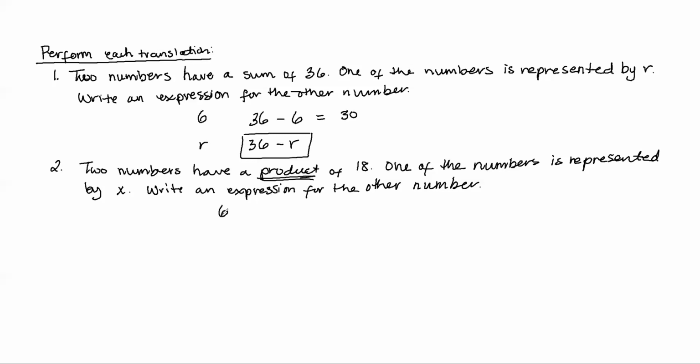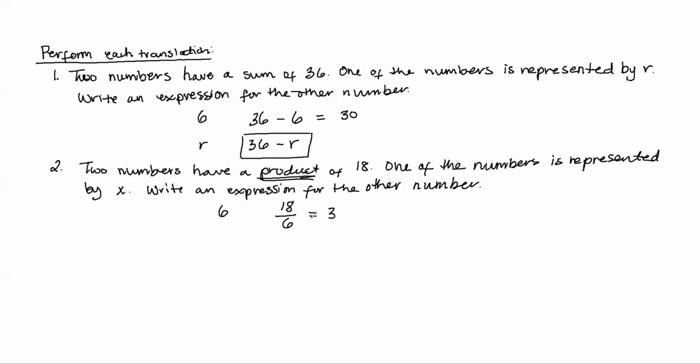Well, we know if they multiply to 18, to find the other number, 18 divided by 6 should give us the other number, which is 3, which makes sense because 6 times 3 is 18.